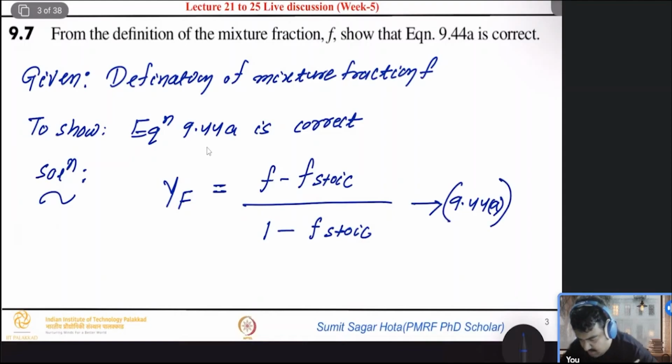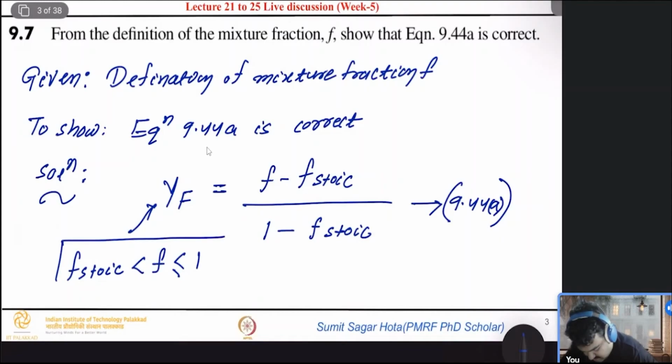Now this formula is applicable for a particular condition, when F stoichiometric, that is mixture fraction at stoichiometric, is less than F, where F means any F, maybe F actual. What does it mean? This condition is there inside the flame.